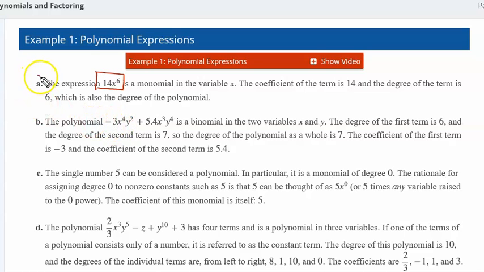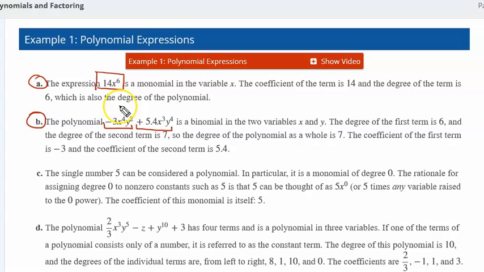Now in example B, we see there is one term, and terms are separated by either a plus or a minus in a series. And then there is the second term. So this is a binomial. And the degree of the first term is the sum of the exponents on the variable.